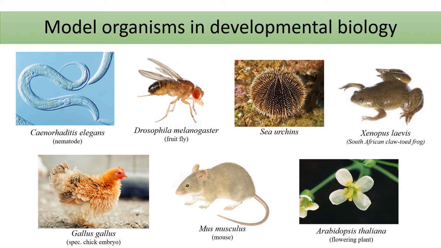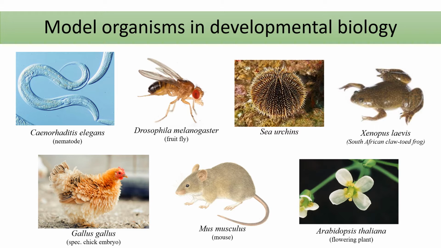So in developmental biology over the years, there were model organisms that have been used in order to understand developmental changes depending on what type of species. So for example, we have the Caenorhabditis elegans, which is a type of nematode. They have also utilized the Drosophila melanogaster or the fruit fly.